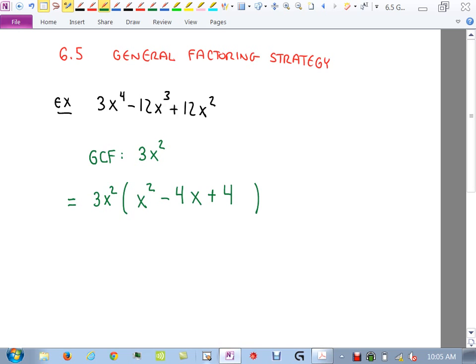So look at your general factoring strategy. We just did the GCF, right? All right. What is left inside this parentheses has how many terms? 3. So on what's left in the parentheses, I need to do an AC method on that. Okay? Just on what's in here.